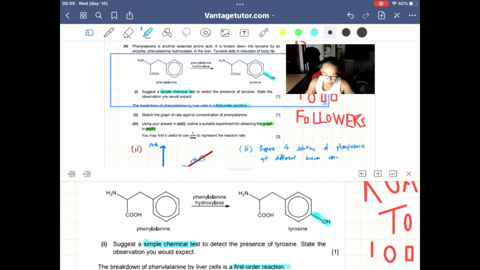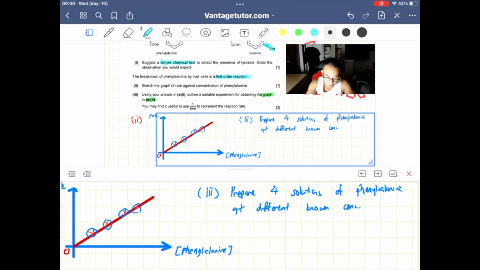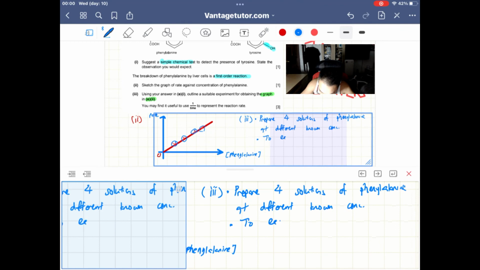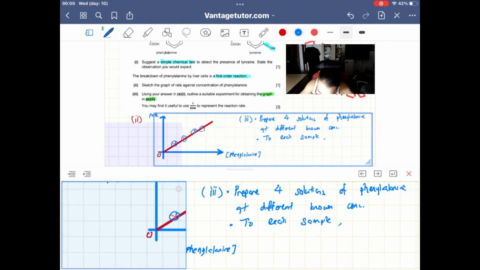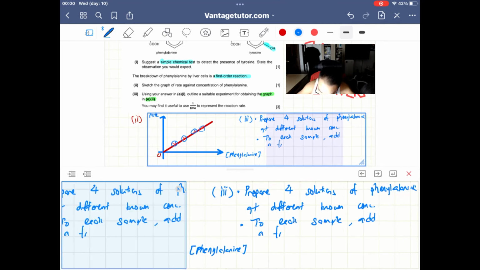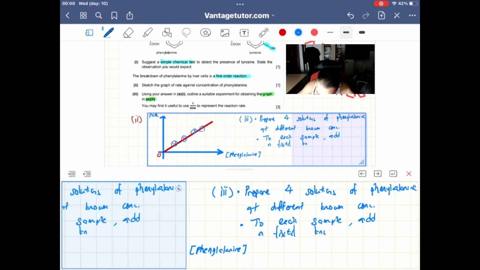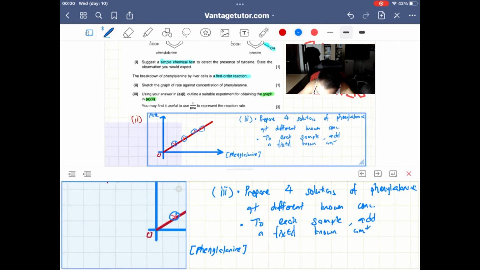Okay, so now going back here, let's go to point number 2. So that's point 1. Point 2, all you have to do is to each sample add a fixed known amount of Br2. Okay, for me I'm using Br2.